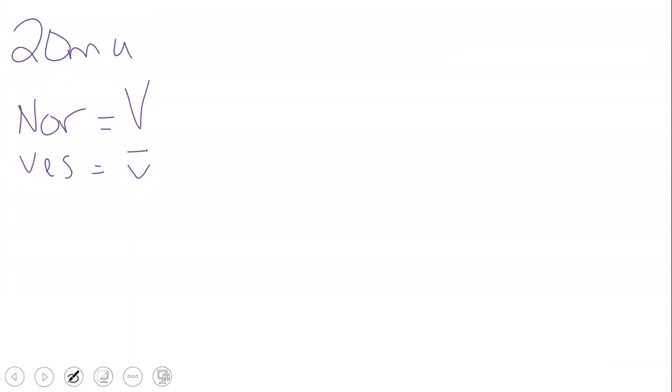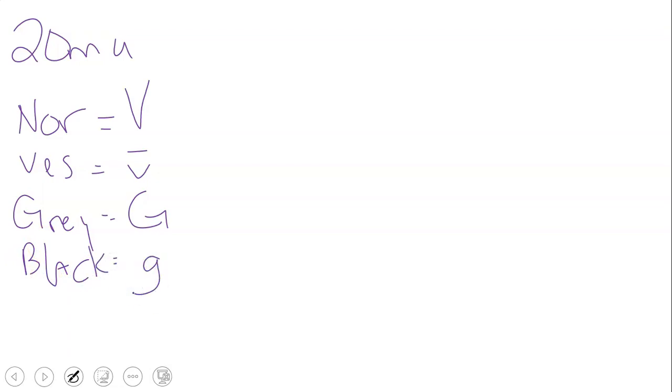And then our second gene here is color, and we said that gray is dominant to black. Okay, so gray is dominant to black. Right? So black. And remember, you can pick any letters to represent these alleles. That's fine.